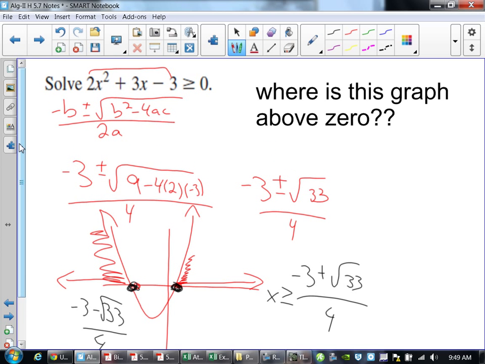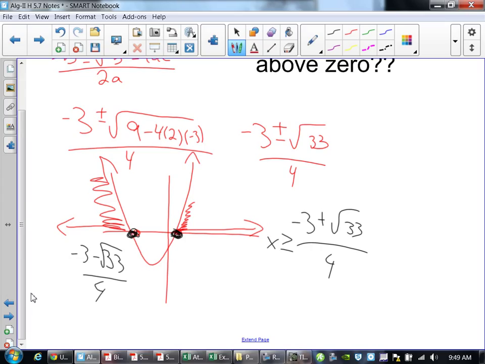So as numbers are getting larger than this, whatever, what was it, 0.68? Yeah. So as soon as it's 0.69, it's going to be above 0. As soon as it's smaller than this, it's above 0. I got it, because these are the zeros. Where is it bigger? As it's getting larger or it's getting smaller.